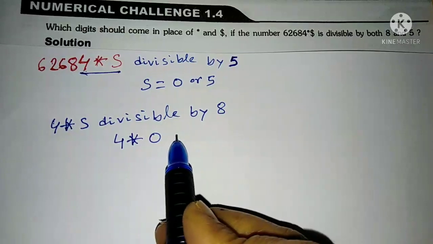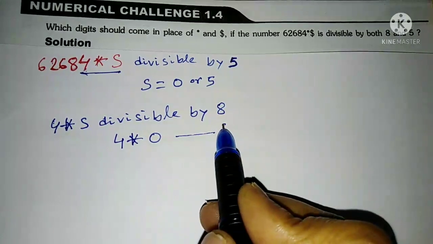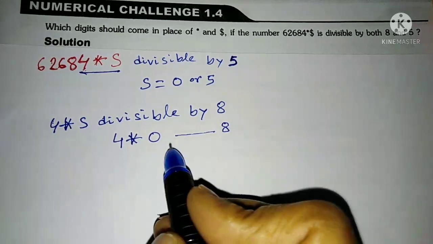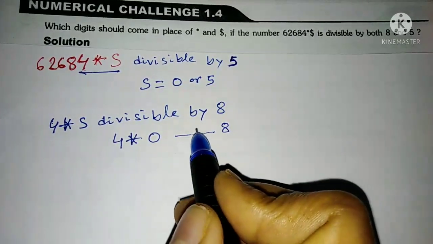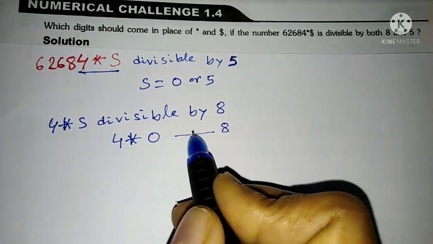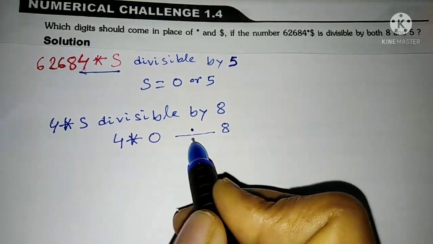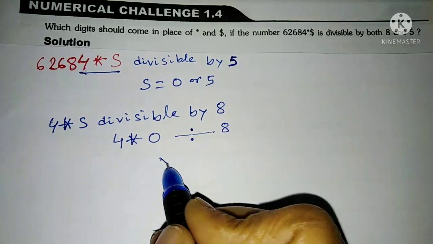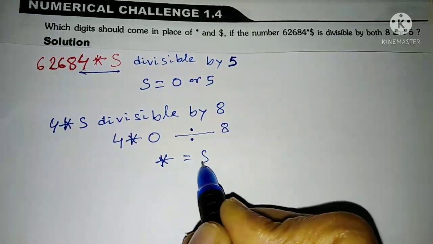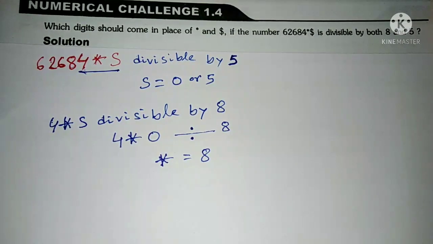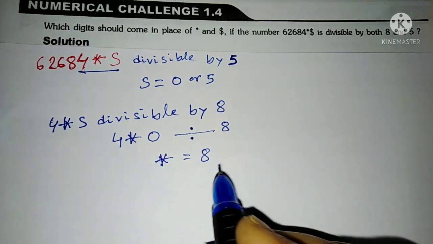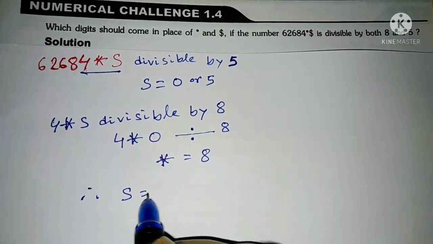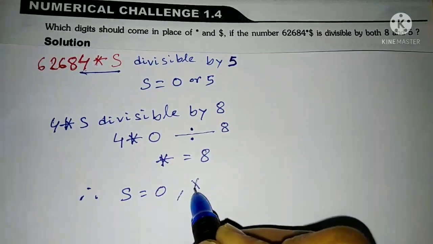Then 4 star 0 will be divisible by 8 if star is equal to 8.